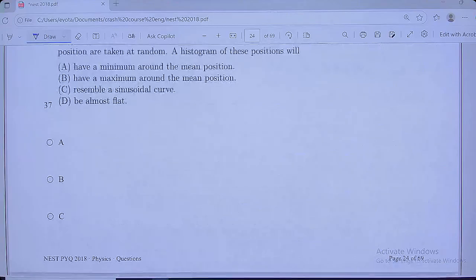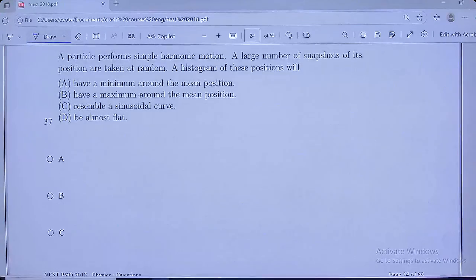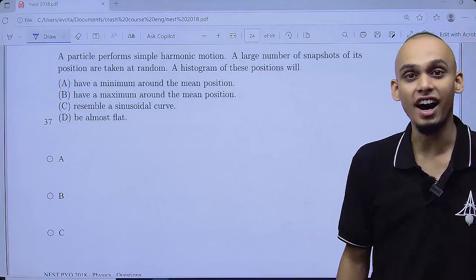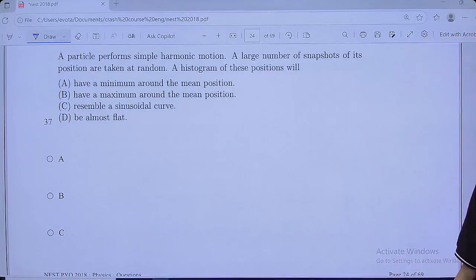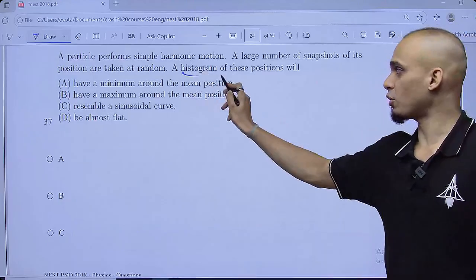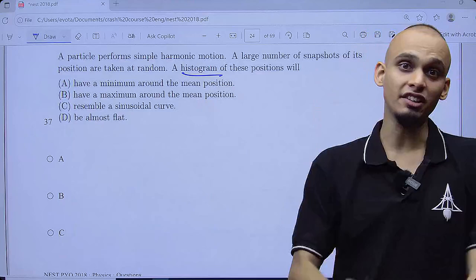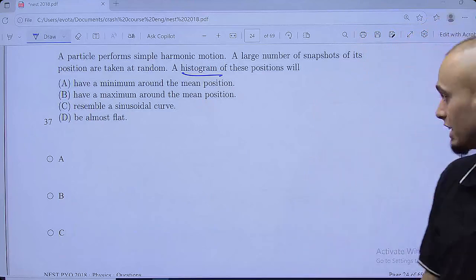Similarly, in this question, we have a simple harmonic motion, and if we capture the particle at a very, very large number of times, then plotting a histogram basically tells us how much time a particle spends at one particular distance.